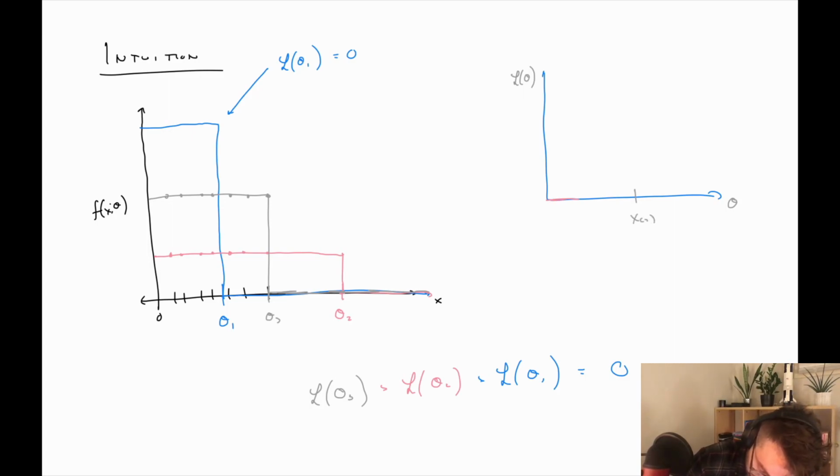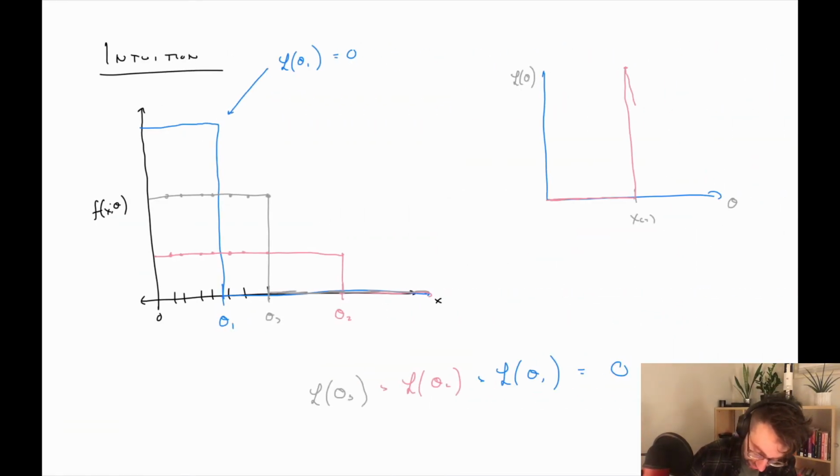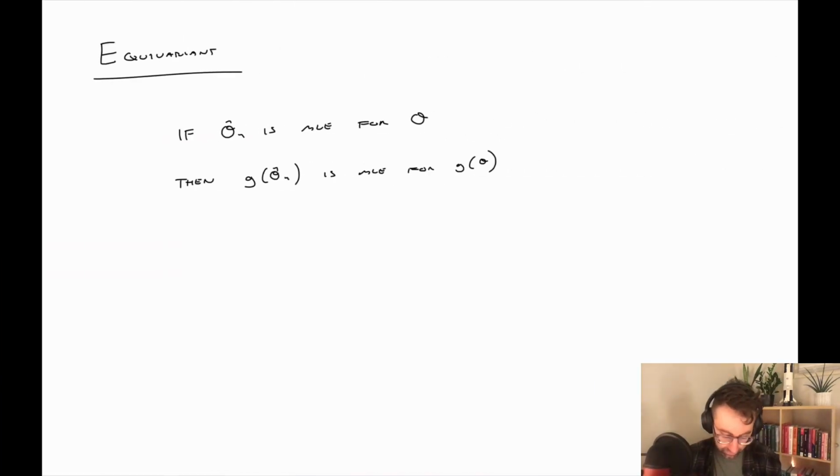So it's going to be 0, 0, 0. Then suddenly it's some positive value. And then according to this likelihood function here, it decreases something like that. So this is the MLE right here. Hopefully that breaks that down a bit. But I think the intuition behind it is, if you want to estimate the endpoint of a uniform, use the maximum. Okay.